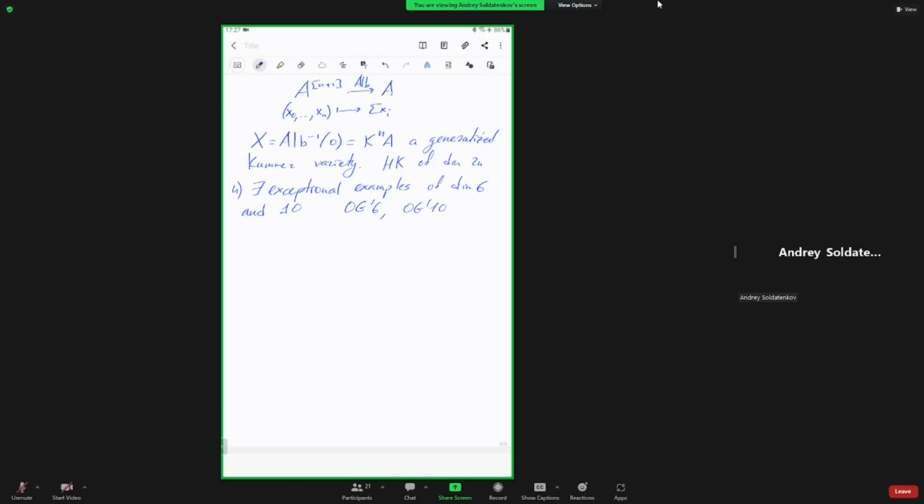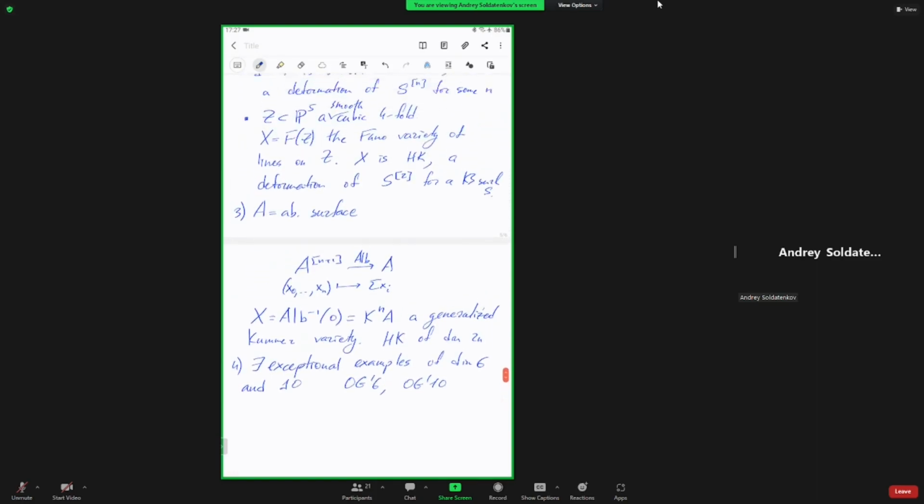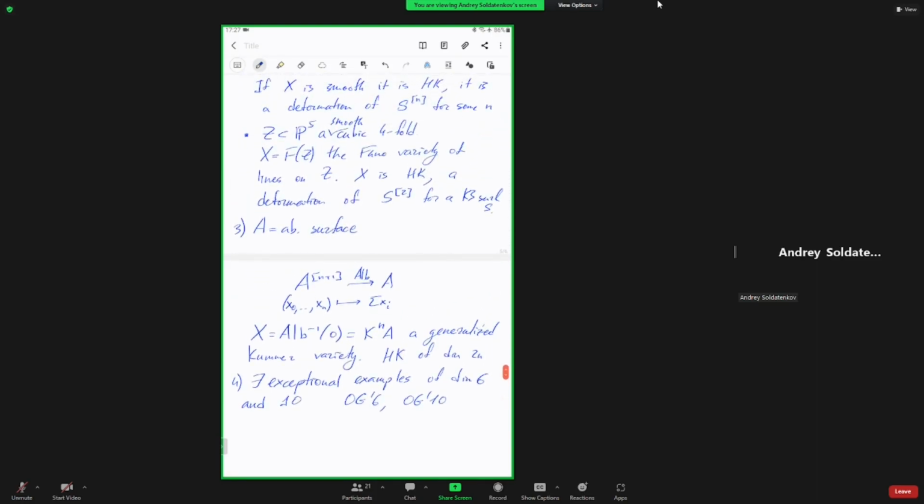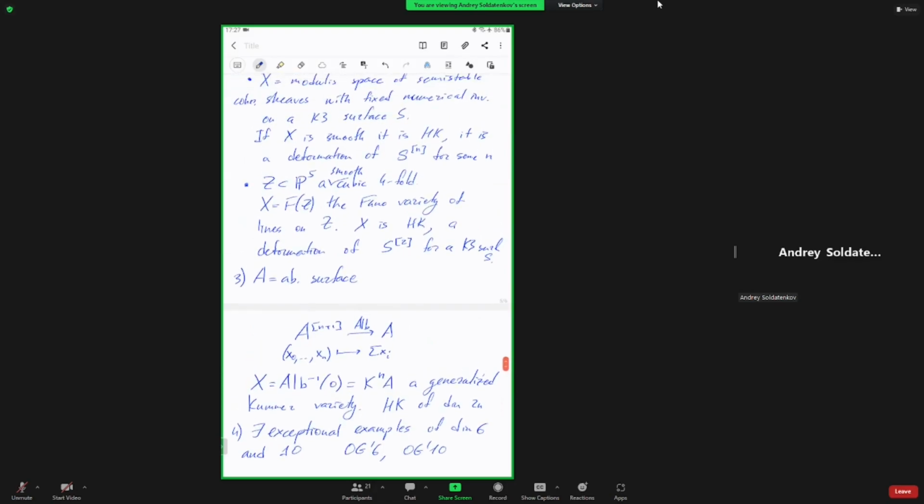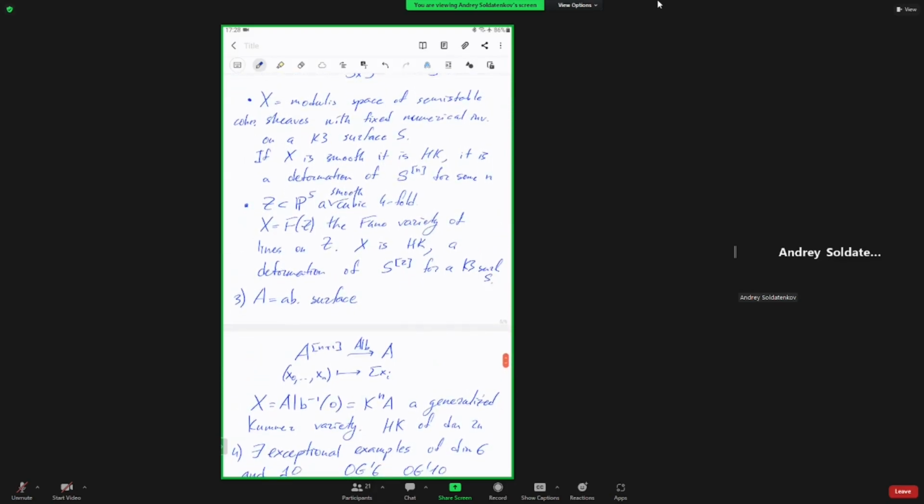Their construction is more complicated, but in some sense similar to what we did before. We consider these moduli spaces of coherent sheaves, with some fixed numerical invariants, on a K3 surface. I said that these moduli spaces can be smooth, they can be singular sometimes.